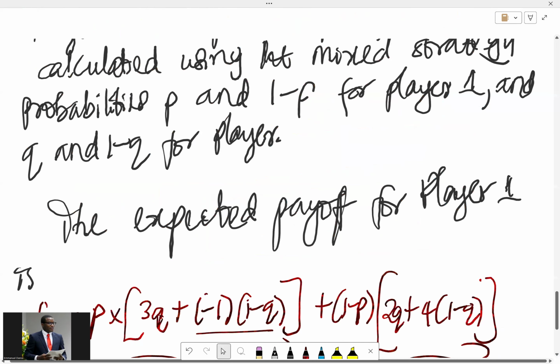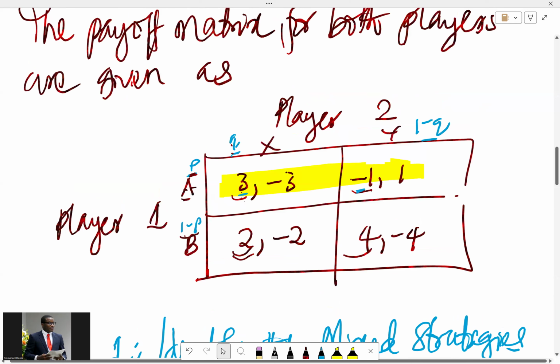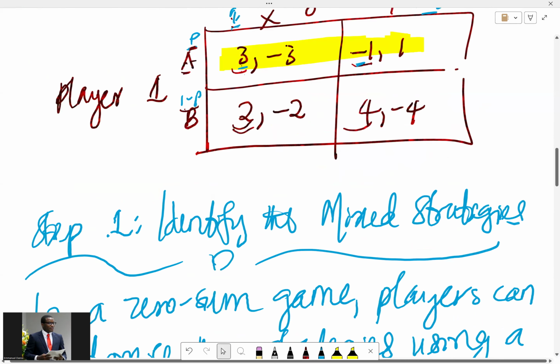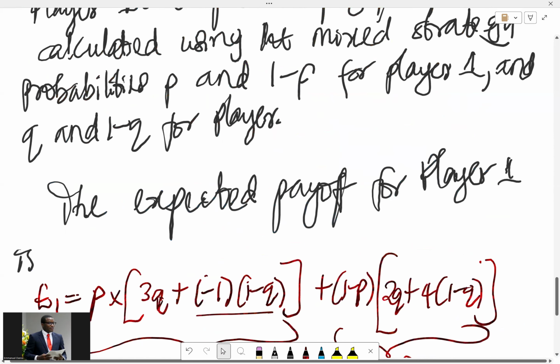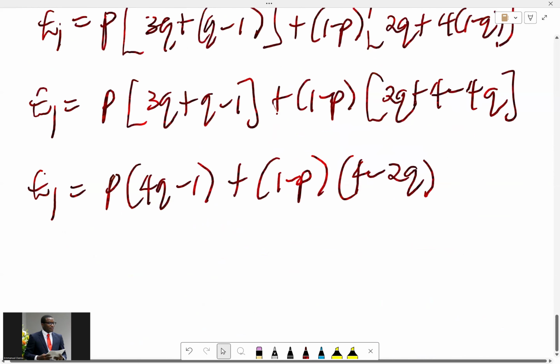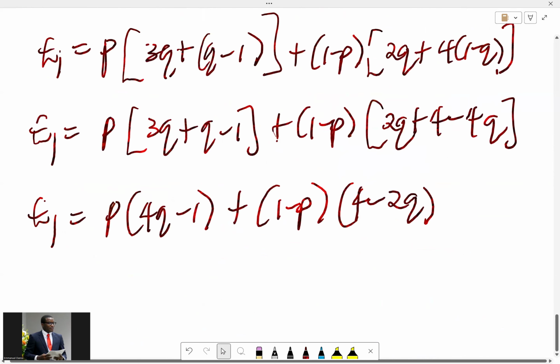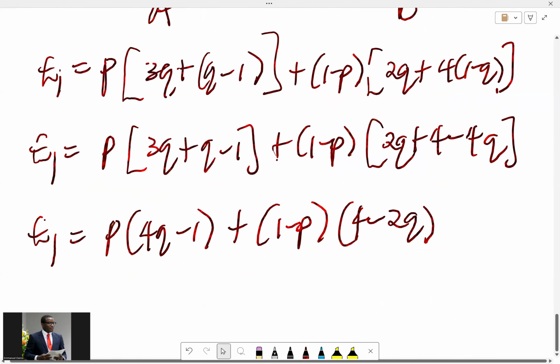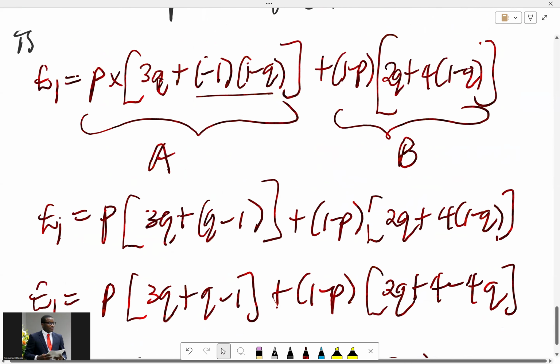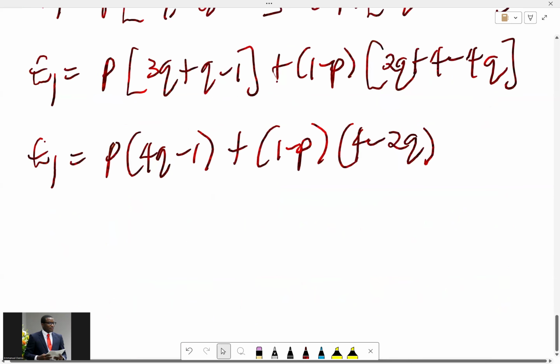On the other hand, (1 minus P) into 2Q plus 4 into (1 minus Q). Yep, so we are good. So the minus 1 goes in and turns it over to Q minus 1. Yeah, I think that's fine.